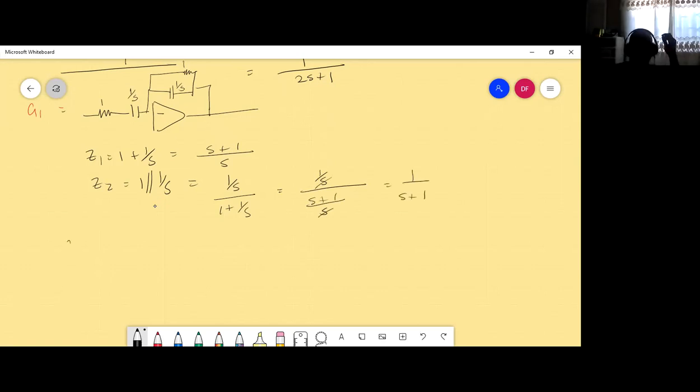And then G1 now is equal to negative Z2 divided by Z1. So it is equal to minus 1 over S plus 1 divided by S plus 1 over S, which is equal to negative 1 over S plus 1 times S over S plus 1. So that means that G1 is equal to negative S over S plus 1 all squared.